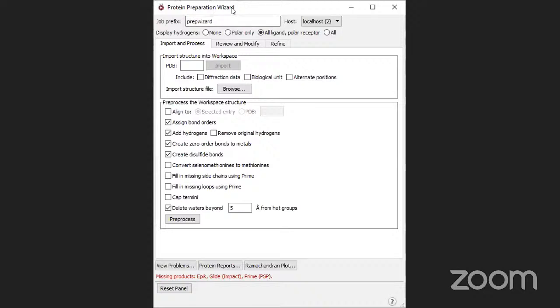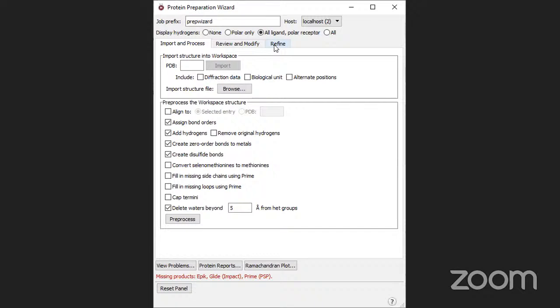RSR has discussed crystal structures. We can get the crystal structures from the PDB, that is the Protein Data Bank. All the protein crystal structures are available there. First, we need to download the PDB ID.